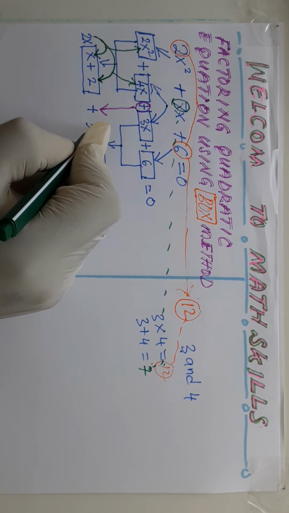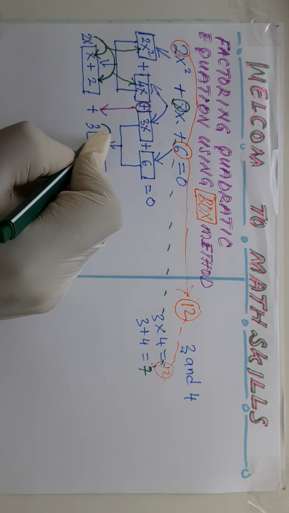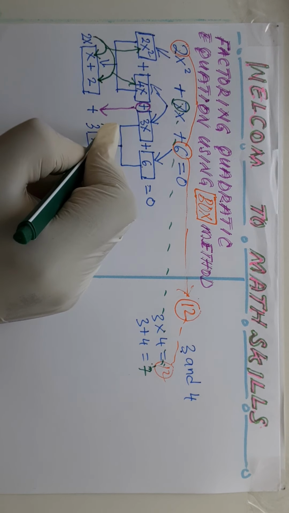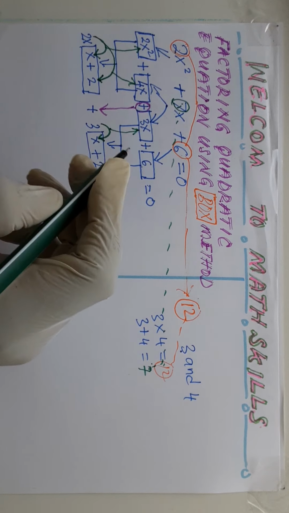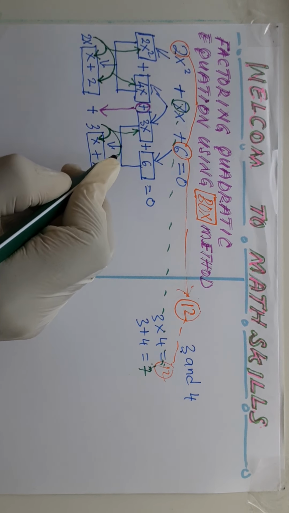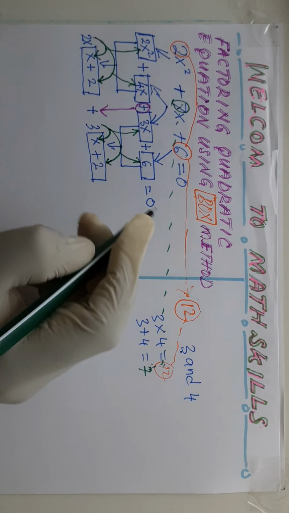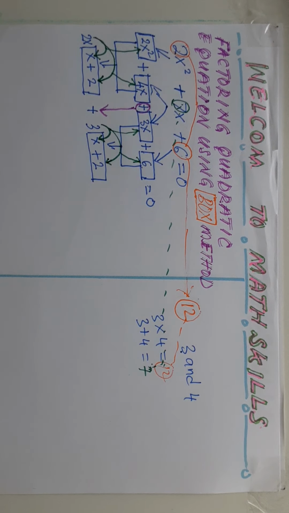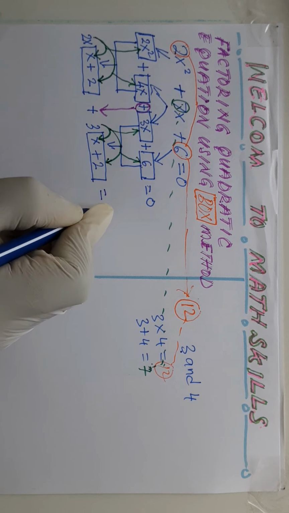If I take 3 and distribute, 3 times x, is it 3x? Yes, we are correct. 3 times 2, is it 6? Yes, it means we are correct. So this is equal to 0.